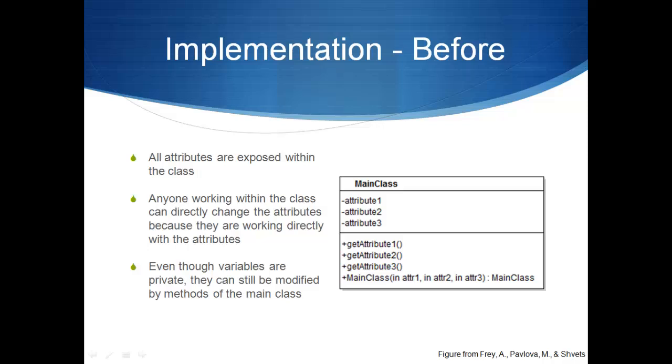One thing that might come to mind is you're going to say, well, the variables are private. So if someone creates an instance of the main class, they're not going to have access to those variables anyway to change them. But even though they're private, think about it from the point of view of a developer who comes in and works on the main class and adds different methods. They have access to attribute 1, 2, and 3.